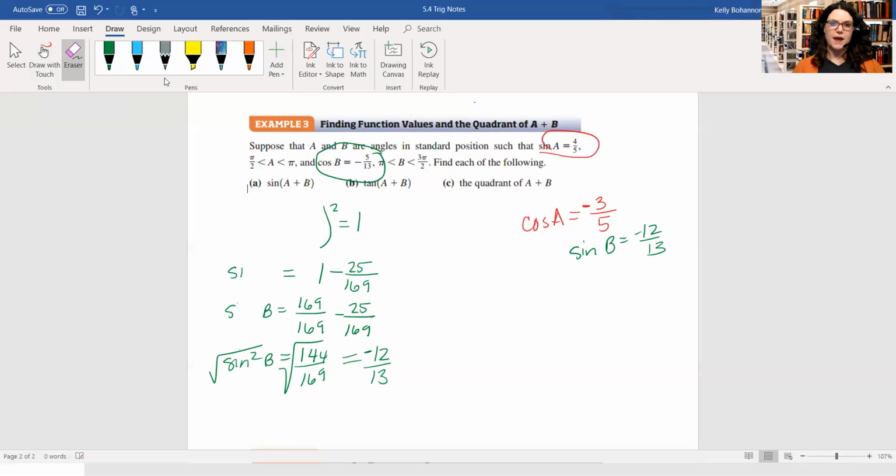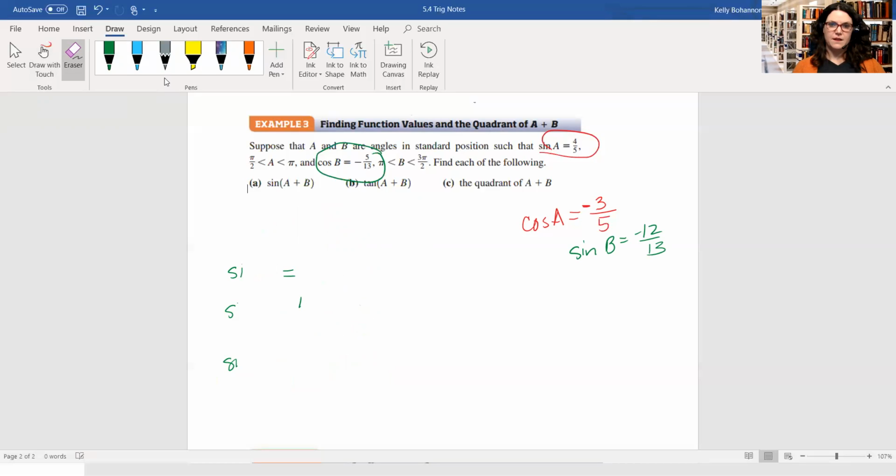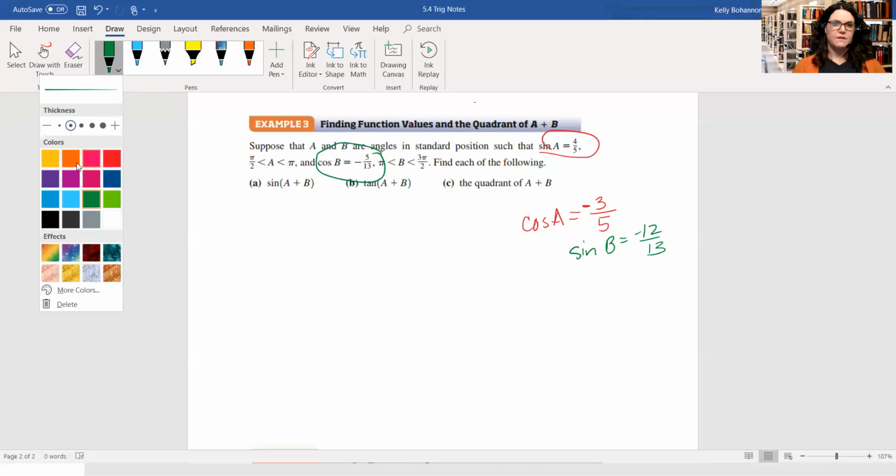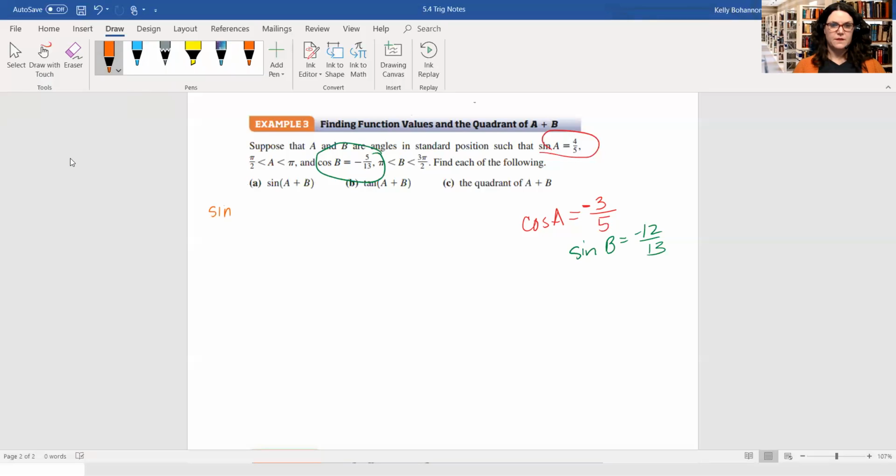All right, so now we can go back and use our sine sum identity: sine A cosine B plus cosine A sine B. So sine of A is 4/5, cosine of B is -5/13, plus cosine A is -3/5, and sine of B is -12/13.